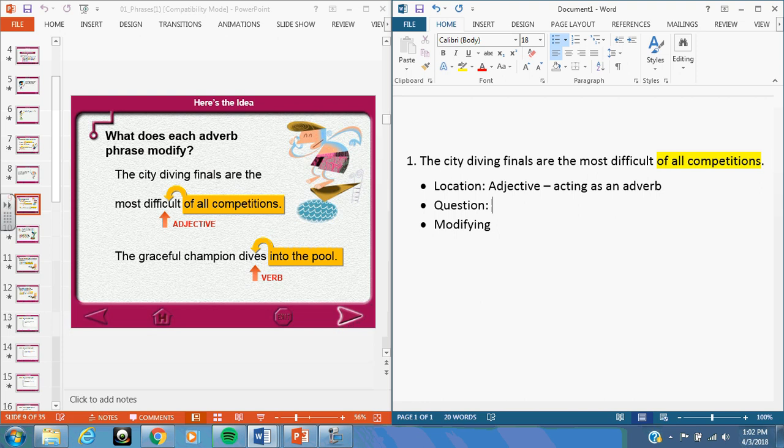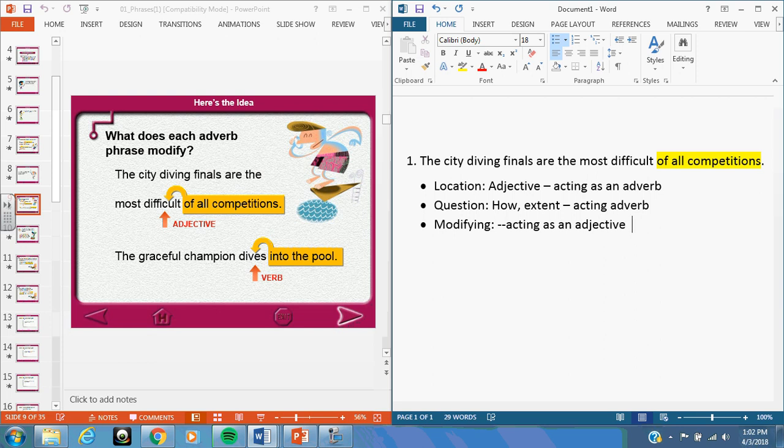How difficult is it? You could say how, maybe extent. So both of those are indicating that I also have this prepositional phrase acting as an adverb. And then what's it modifying? Well, it's modifying difficult, and difficult is an adjective. And because difficult's an adjective, only adverbs can modify adjectives. So once again, we have it acting as an adverb.